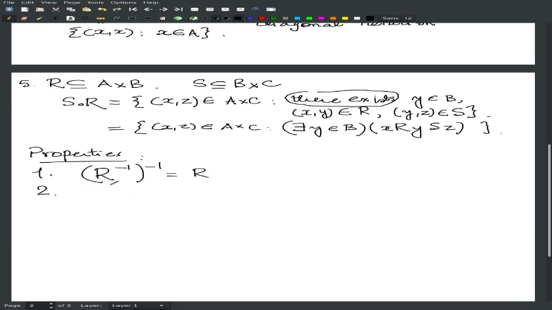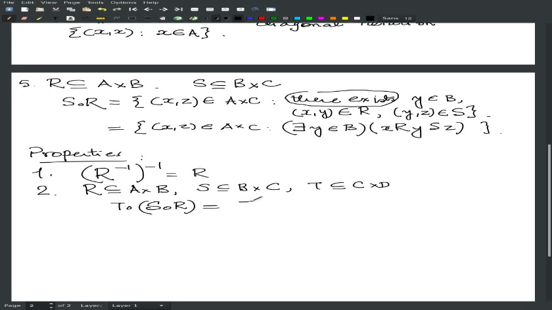Suppose you have R, S, and T. Then S composed R is a relation from A to C, and then you can also put T on that. That is same as the other grouping.